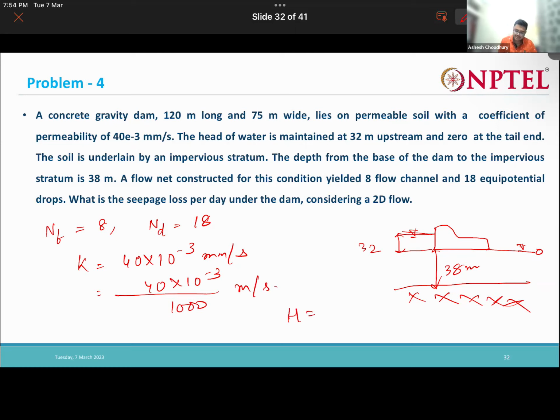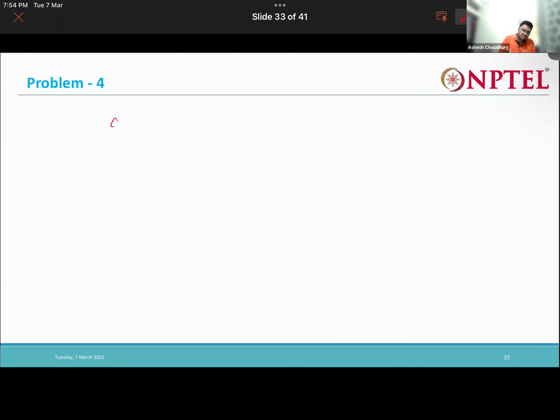It is 32 meters. If we remember, what was the expression for Q for a homogeneous isotropic soil? It is K into H into NF upon ND.